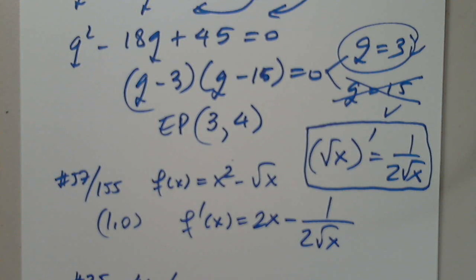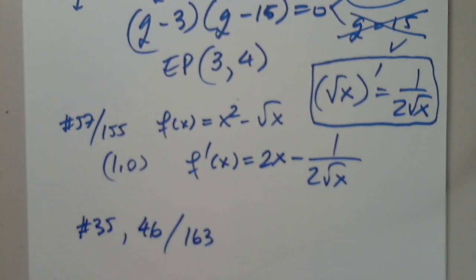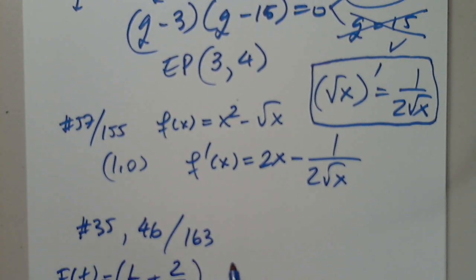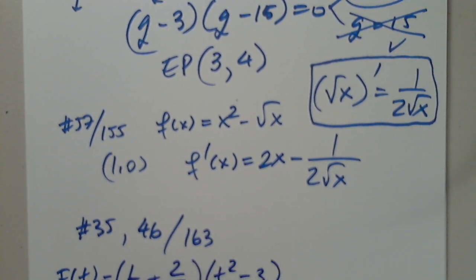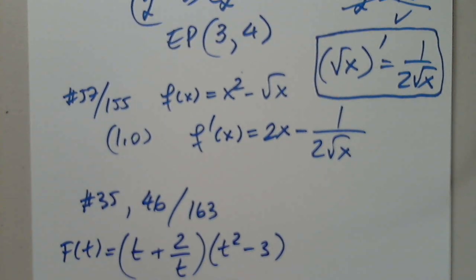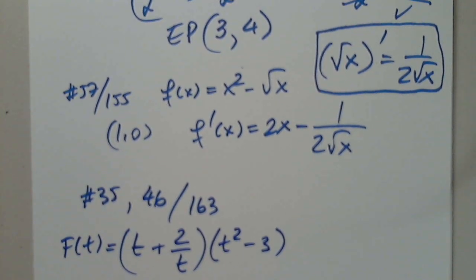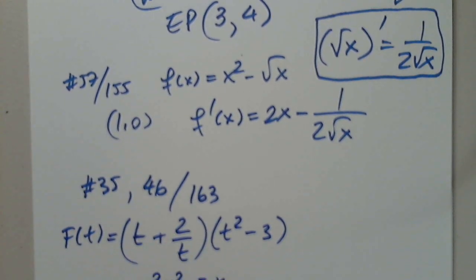So 35 is f of t equals t plus 2 over t times t squared minus 3. And the other one, let me copy both: f of x equals 3x squared minus 5x over x squared minus 1.